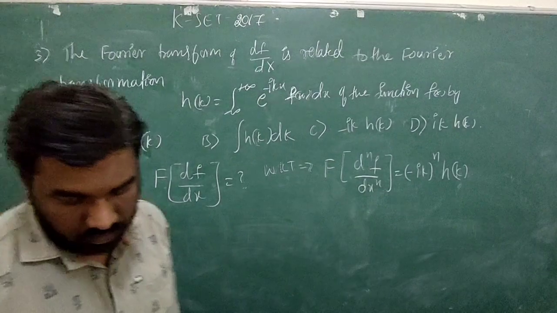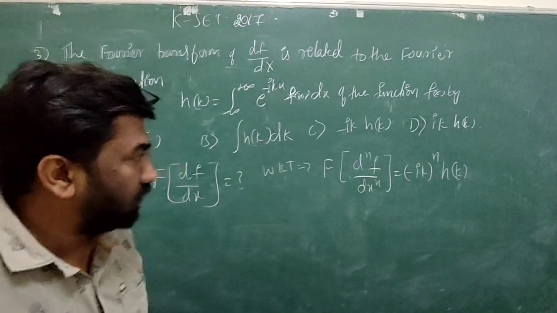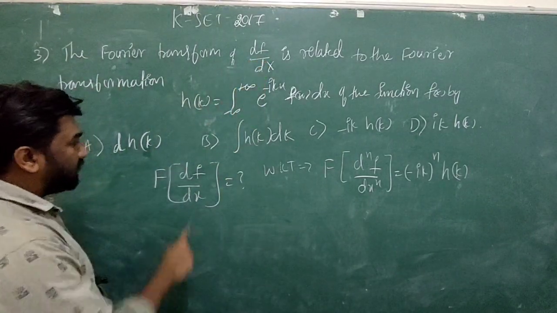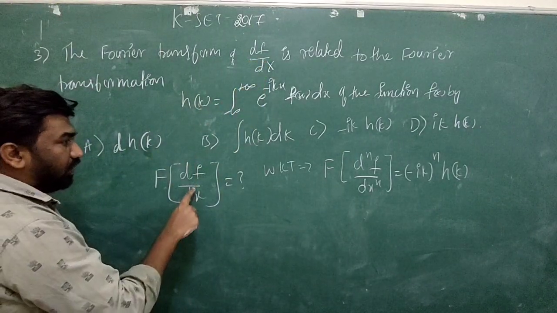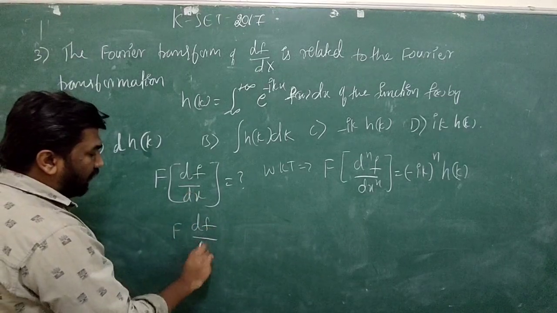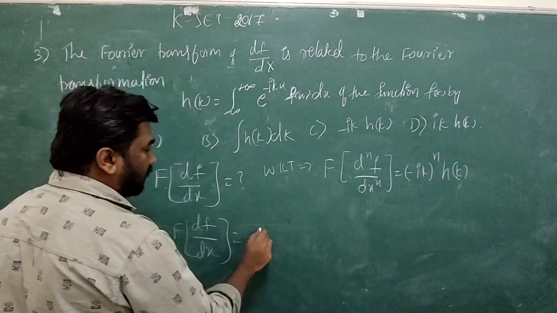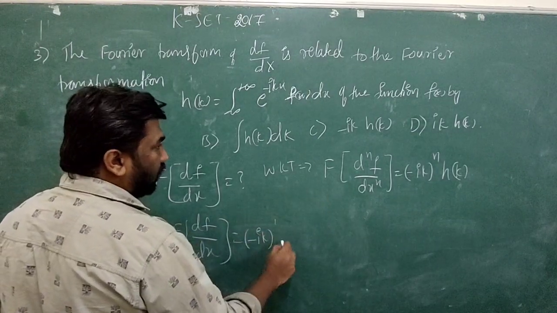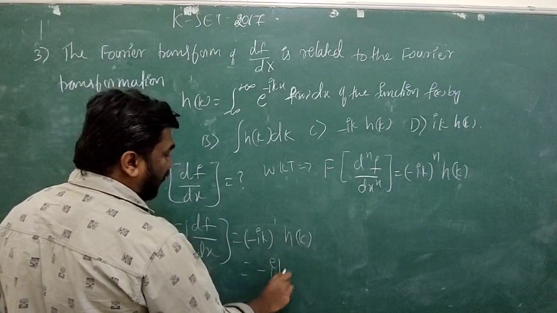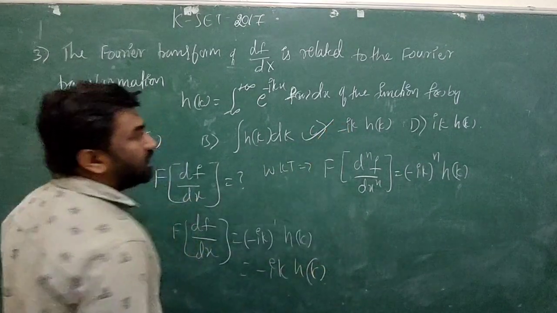Here you have to calculate df by dx, so n power is 1. Therefore, the Fourier transformation of df by dx is equal to (minus ik) power 1 into h(k), which is equal to minus ik into h(k). So option C is the correct answer.